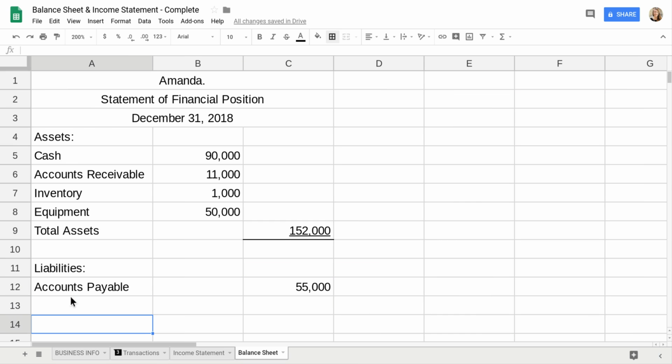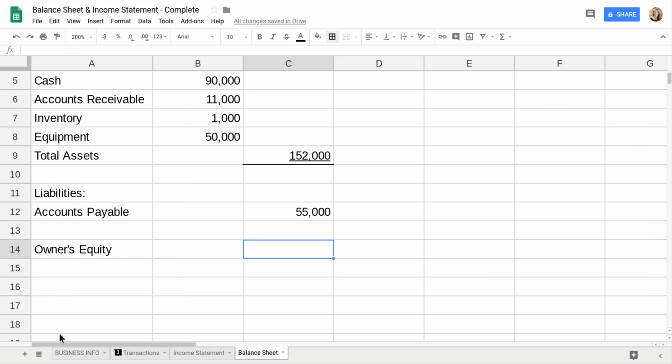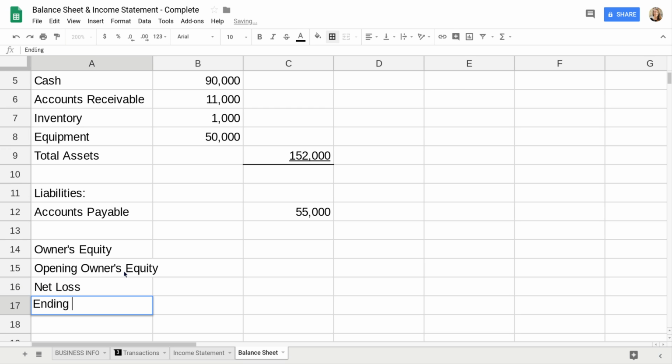And then our owner's equity is equal to 100,000 right here. But it's not. So remember, we have some loss. So our owner's equity, we have our opening owner's equity. Then we had a loss, a net loss. Then we have an ending owner's equity.